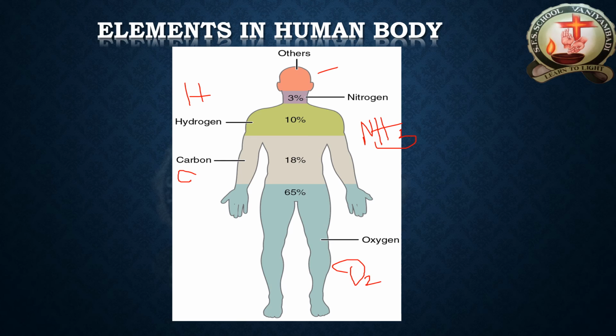Don't think the body contains only oxygen as water and stagnant air. Not like that; for your identification I use this chart, but the elements are mixed together in your body. So what is the major element present in your body? Oxygen. This is one of the important one-mark questions.